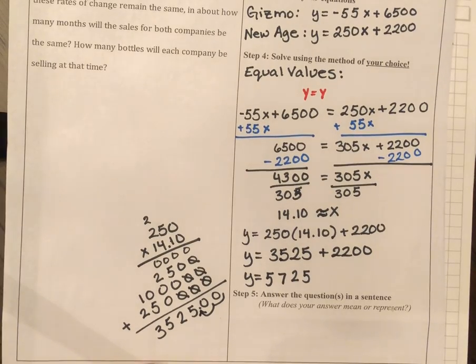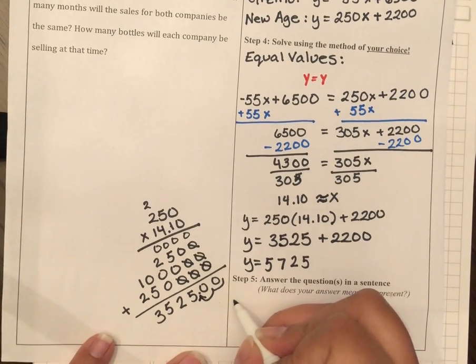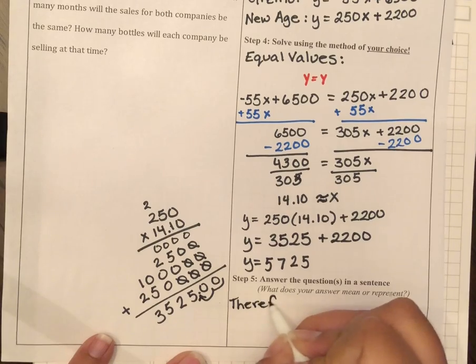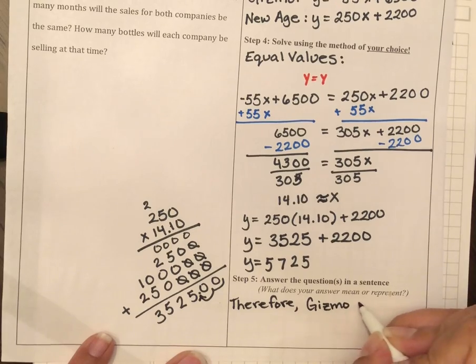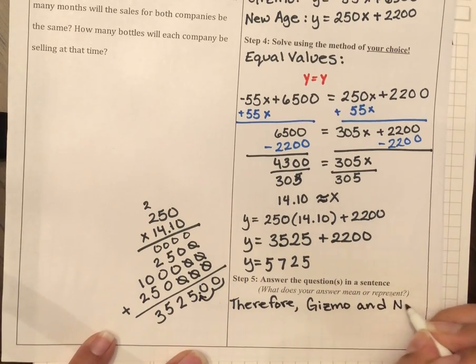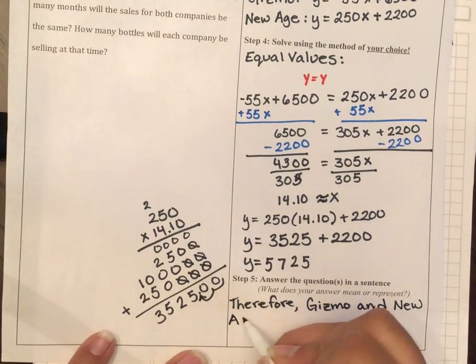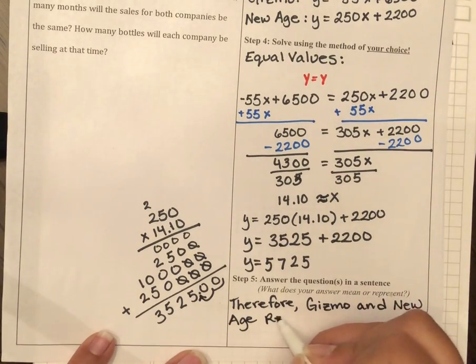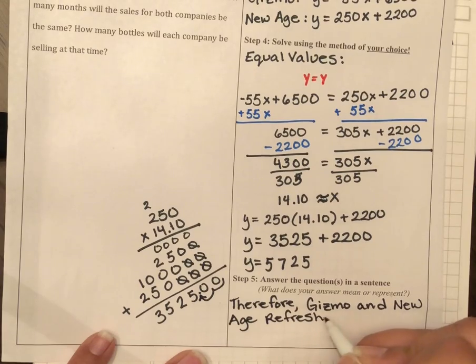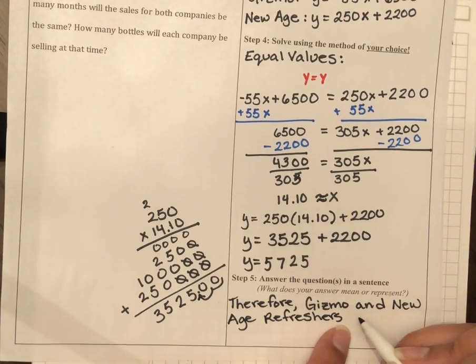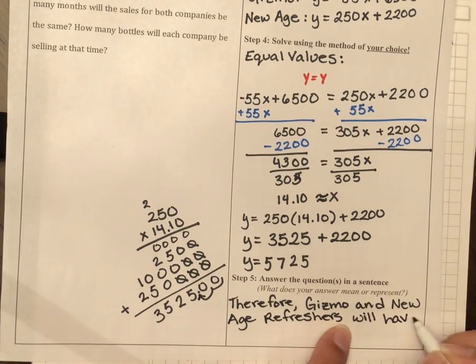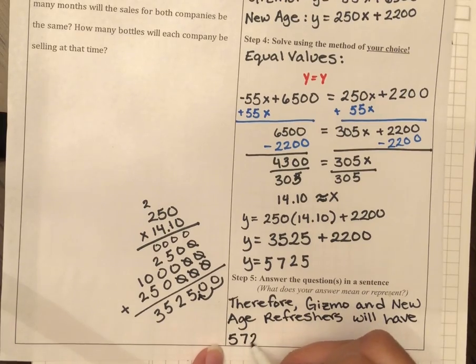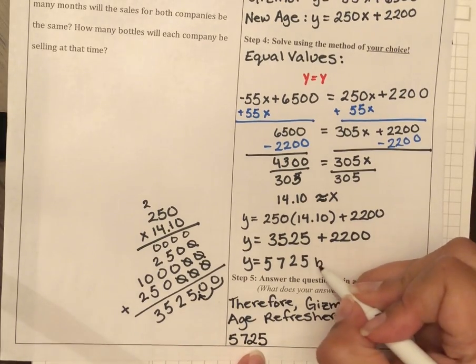Okay, what does this mean? This means that, therefore, Gizmo and New Age refreshers will have 5,725 bottles.